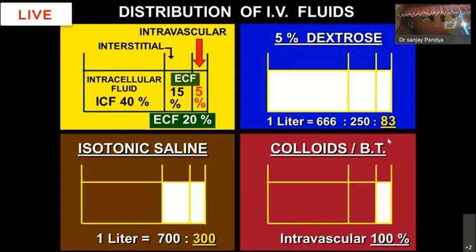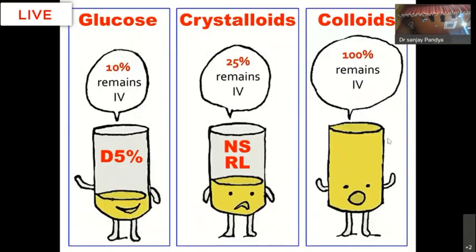What is most effective? Colloids. Okay, blood products, they are most effective. Now, this is again a summary: 10% remains for dextrose, crystalloids containing sodium 25% or 30%, and colloid 100%.